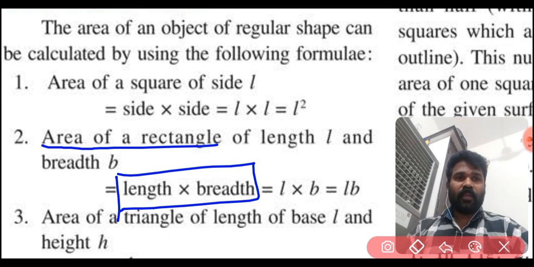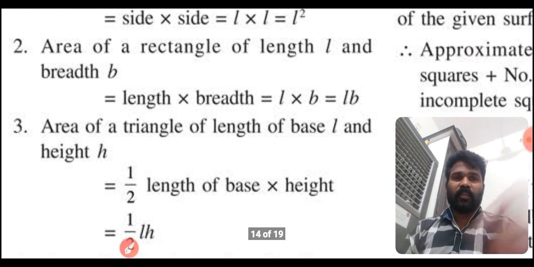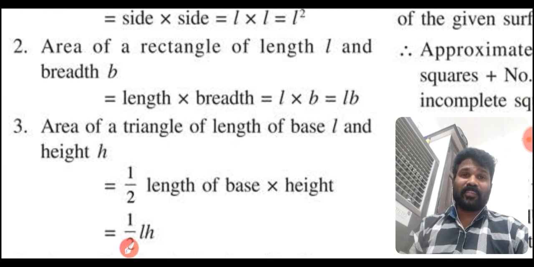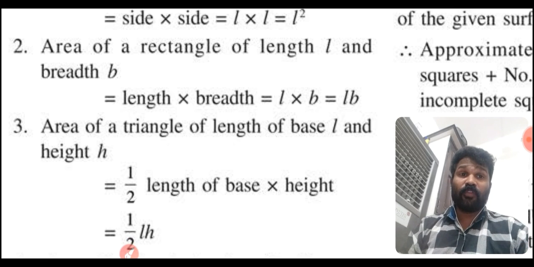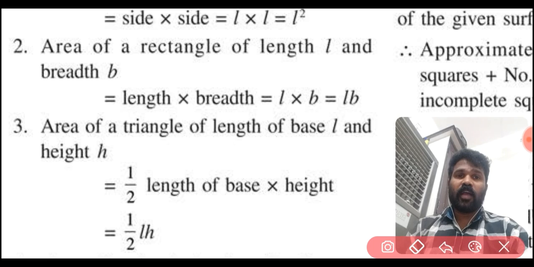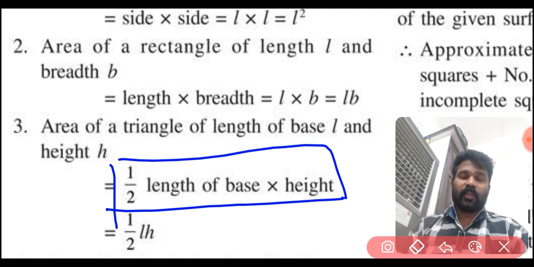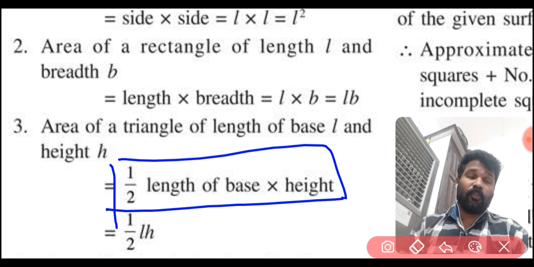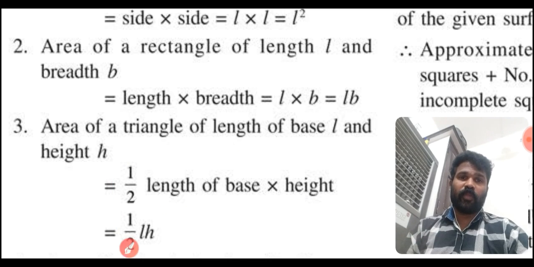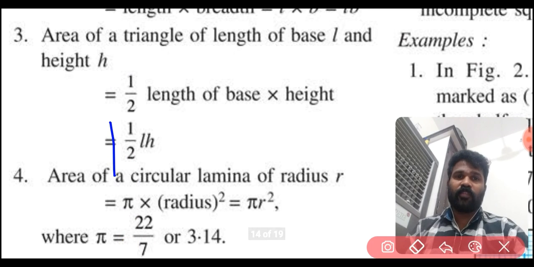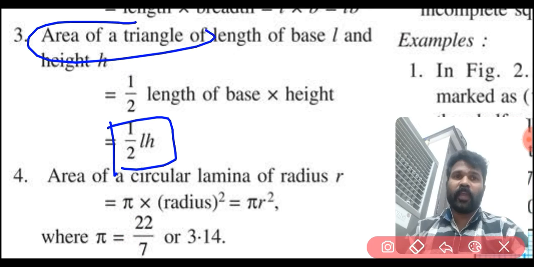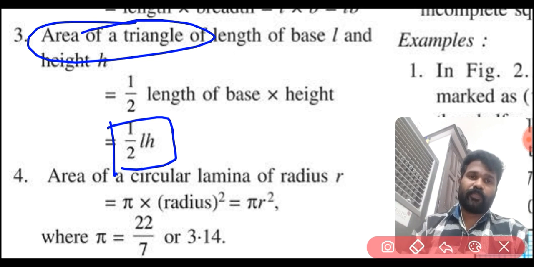Okay, area of a rectangle is given here, and now we can discuss how to find the area of a triangle of base L and height H. The equation is half the length of the base into height. Clear? That is half LH. So we can use the formula half LH to find the area of a triangle.